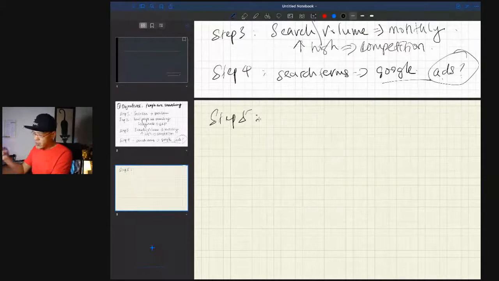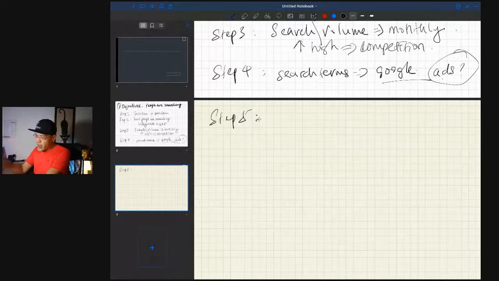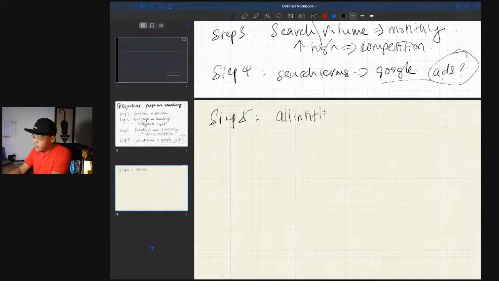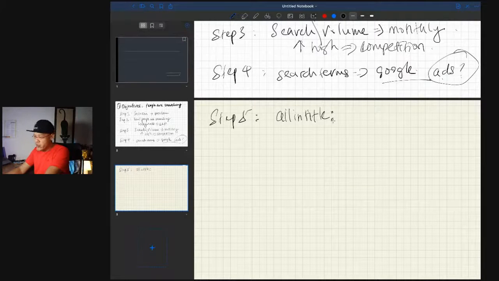other places. So this is where I always use a trick, and this trick is called the allintitle tag. I want to find out how many web pages indexed by Google have this keyword in their title.